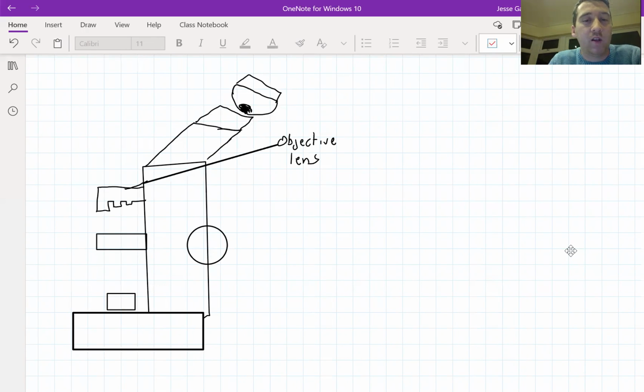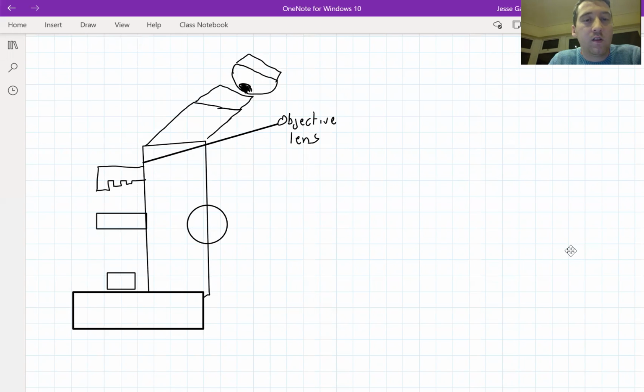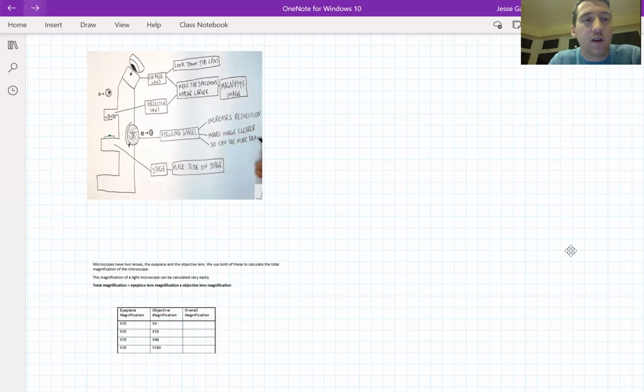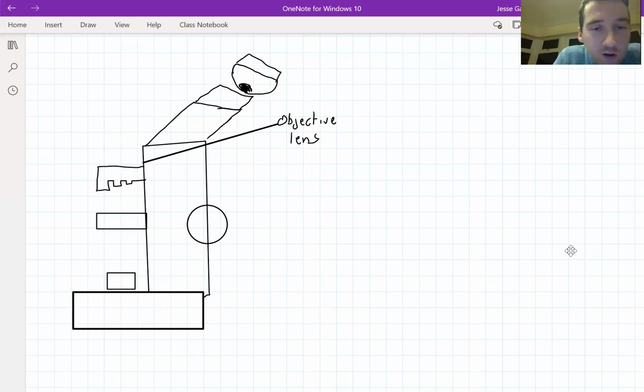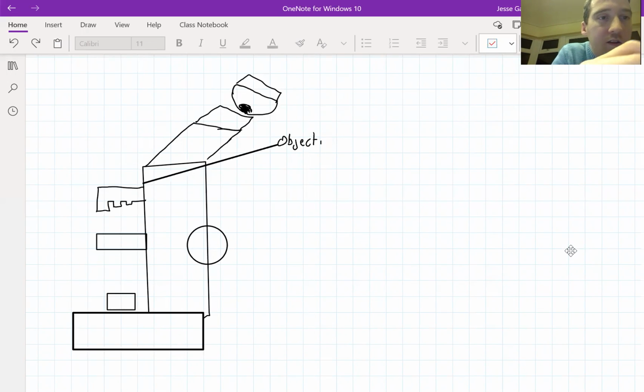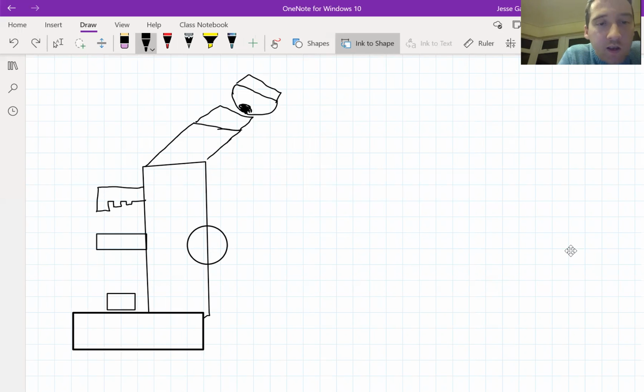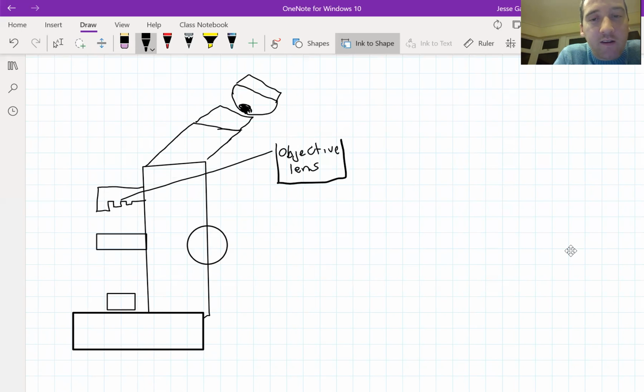Sorry, I should do that from this place. So it's these 3 things here. These are the objective lenses, and they are called objective lenses because they are closest to the object. There are 3 here, and they will have different numbers on them.